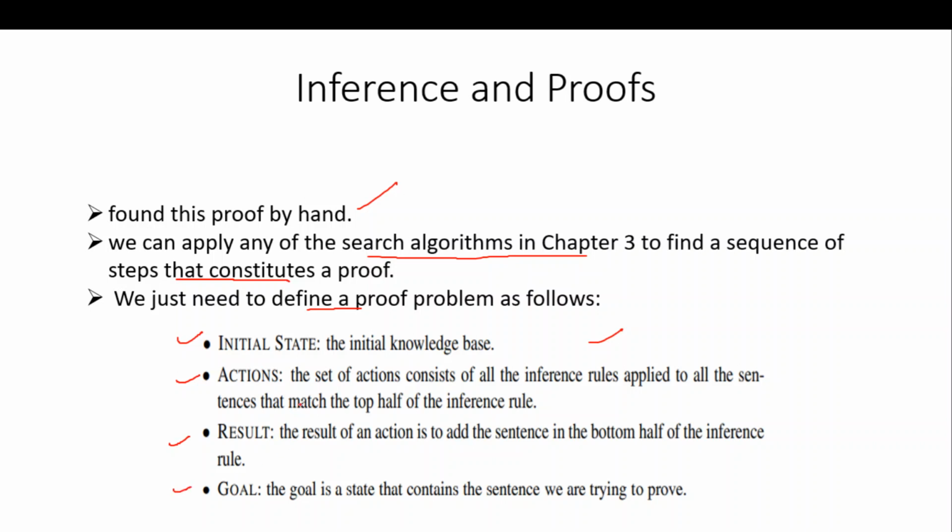Here the initial state represents the initial knowledge base, actions represent the set of actions the user can perform, and the result of an action is that the sentence in the bottom half of the inference rule is added. Like any formulation, this inference by proof should also be formulated: what are its initial state, actions, result, and goal? The goal is a state that contains the sentence we are trying to prove.